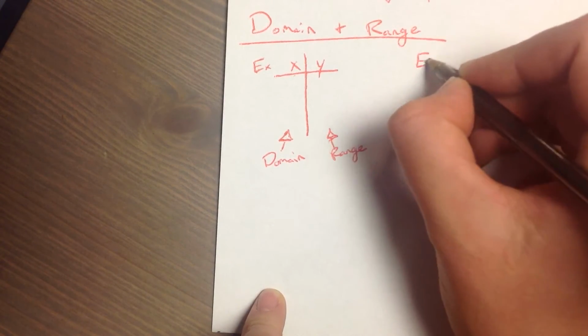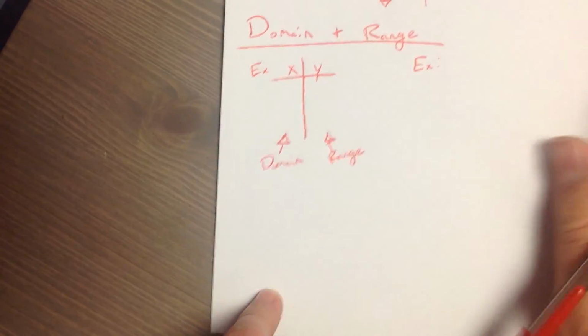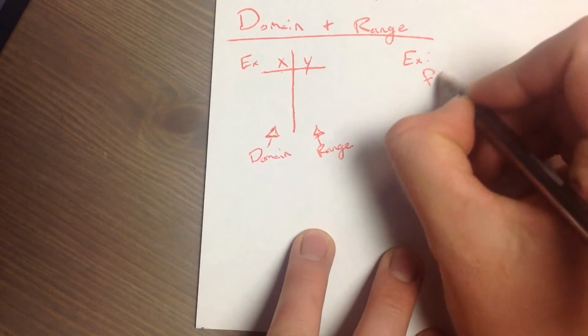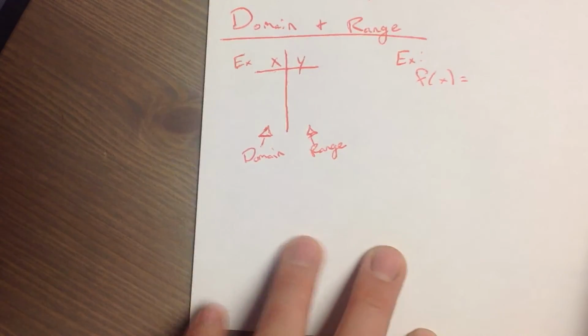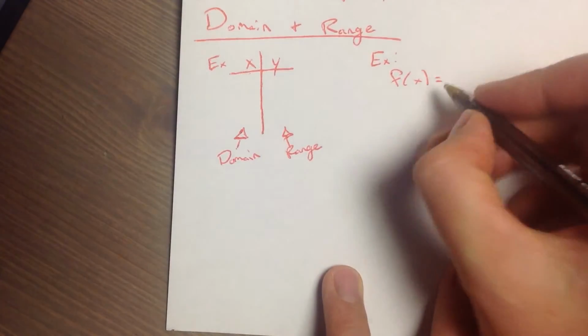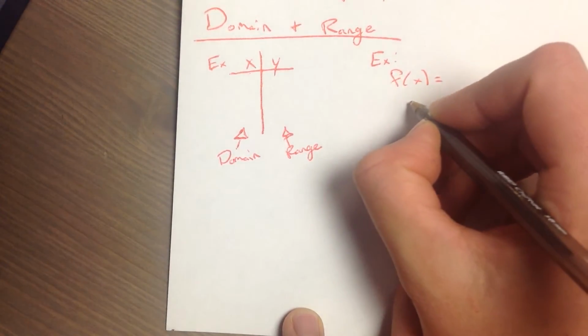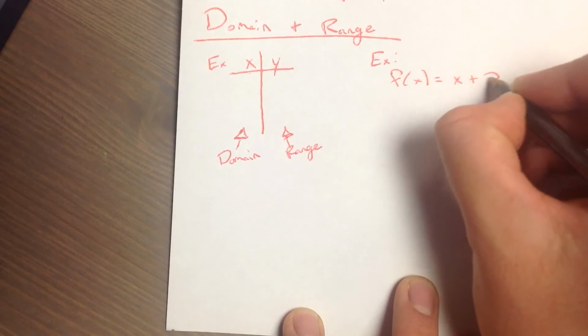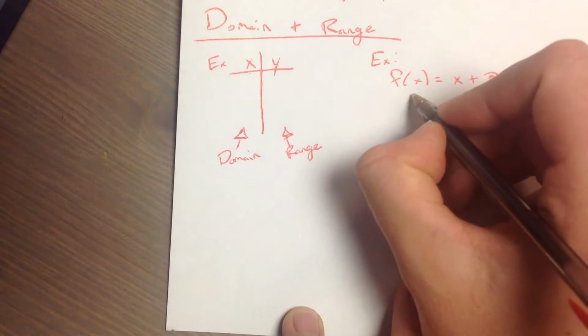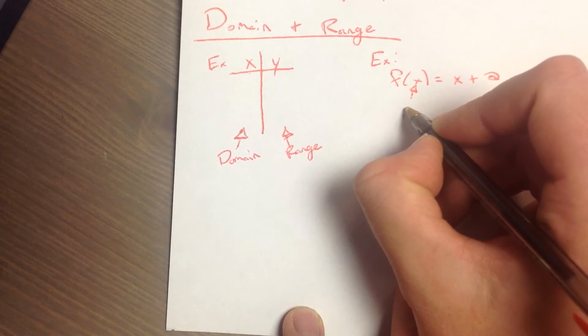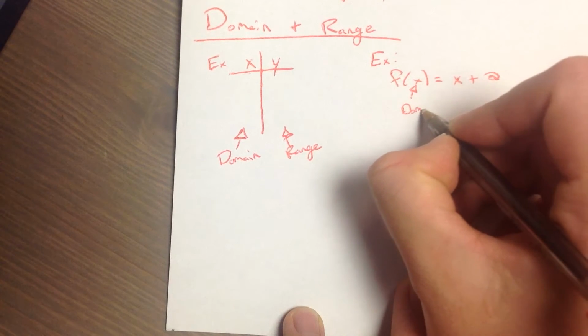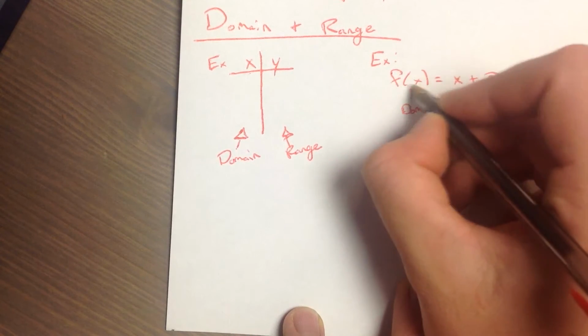For example, if we are given an f of x function equals some function, let's say x plus 2, just for example, then our domain is what we input. So we're going to input some value of x into this function.